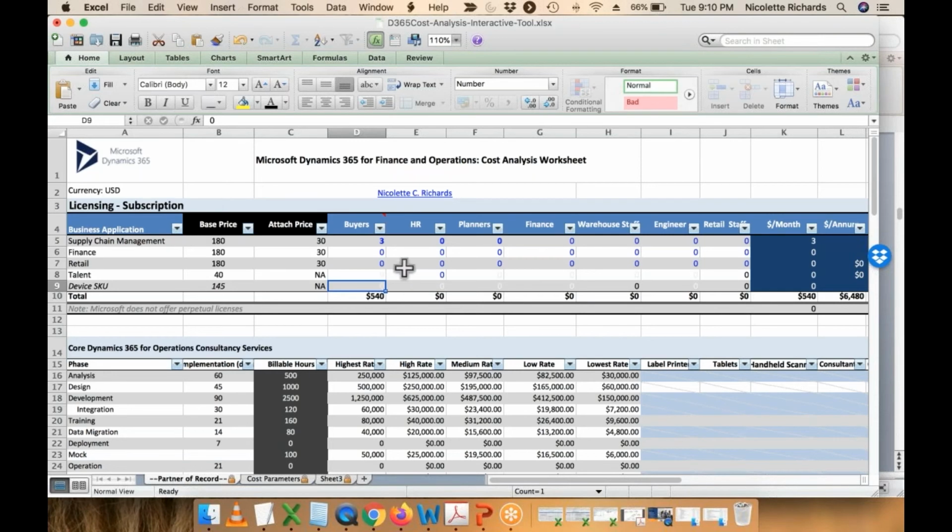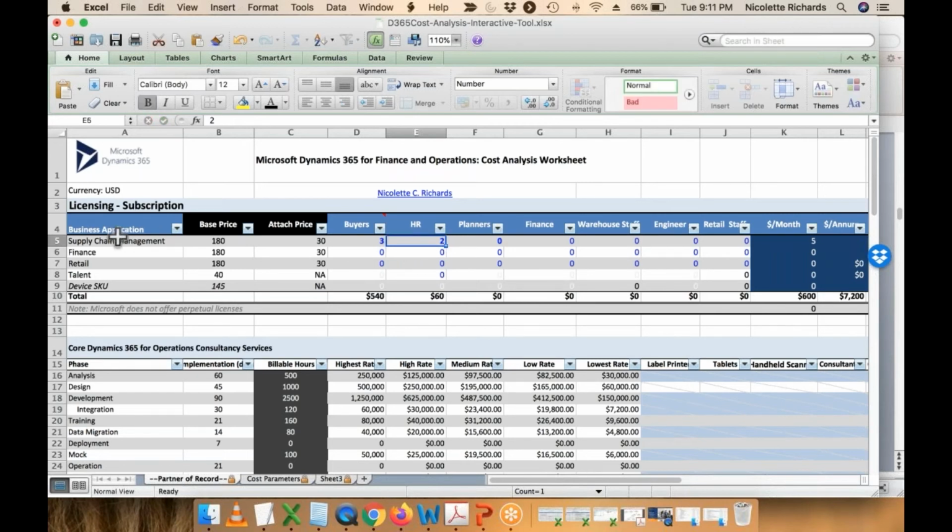And so we started with $1,800 for the 10 licenses, and we purchased another 10 attached supply chain licenses. $300 plus the $1,800 equals the $2,100, right?